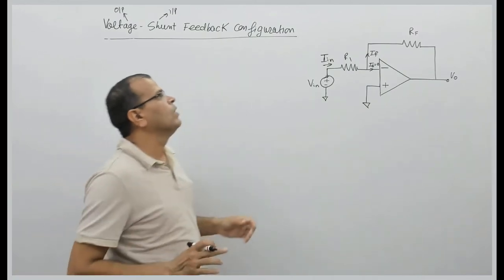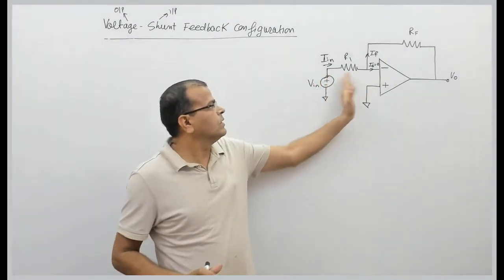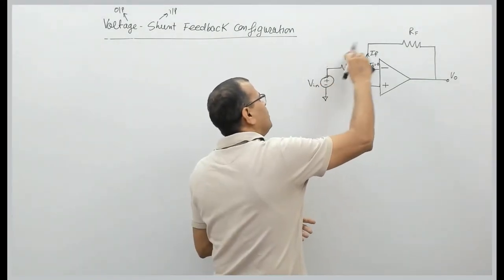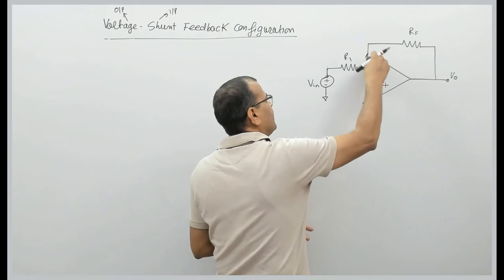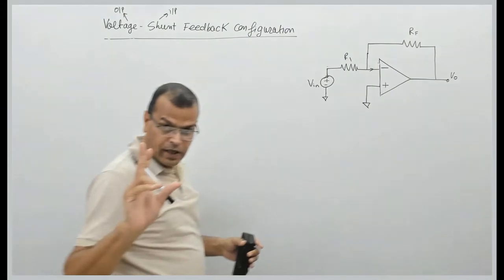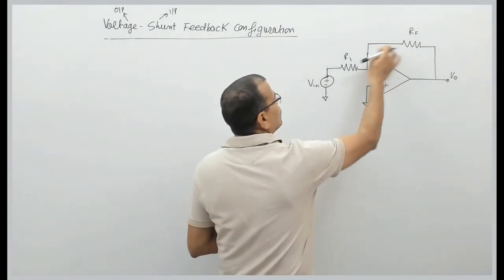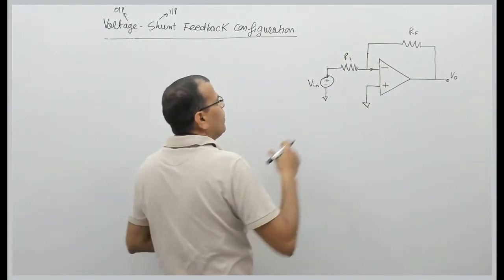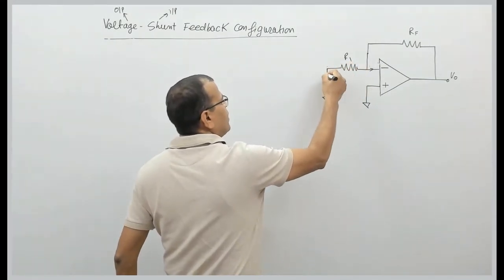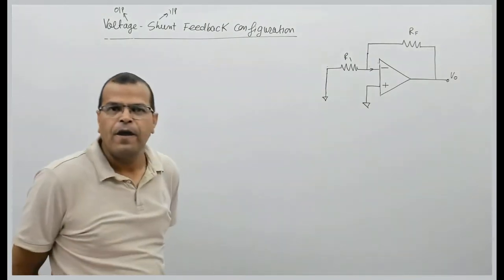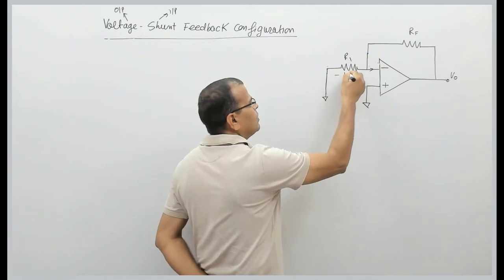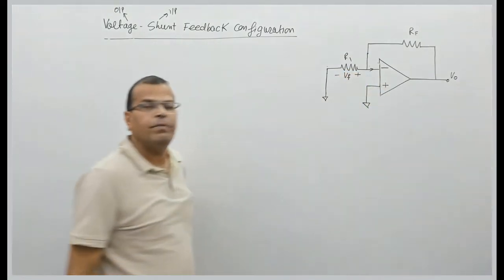Now when we have this as the circuit, I will not be talking about currents, I will be talking about voltages. So now let us see the feedback voltage, not the current. Otherwise feedback current was the current in this resistance. When you talk about feedback voltage, because of output, we will consider the input as ground. When input is replaced by ground, the voltage appearing across this resistance will be the feedback voltage.